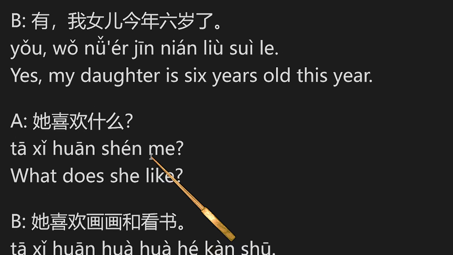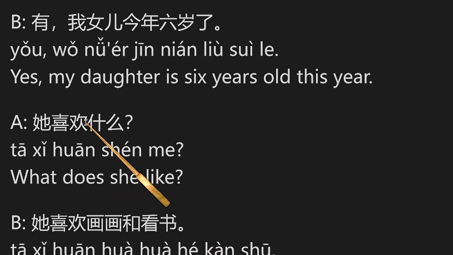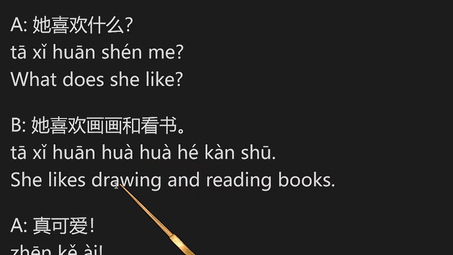What does she like? 她喜欢什么？She likes what? What does she like? She likes drawing and reading books. 她喜欢画画和看书。画画 is to draw something. 画画, when it's 2 times, it's just for emphasizing.